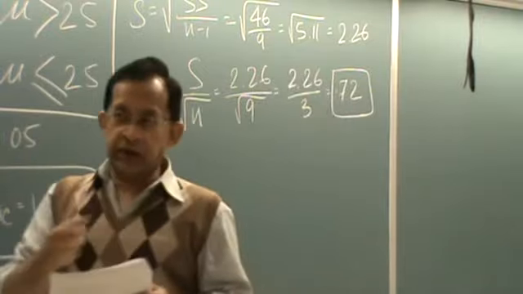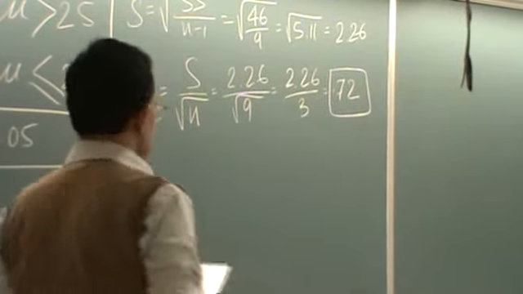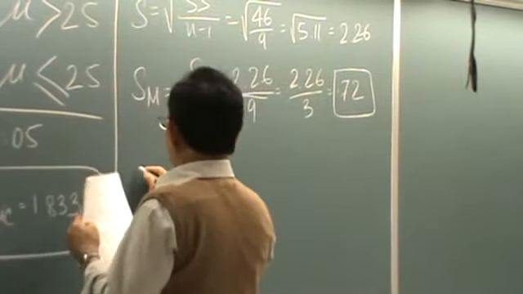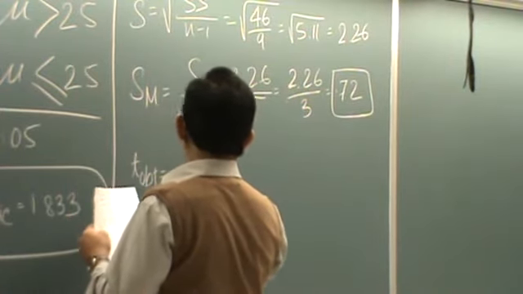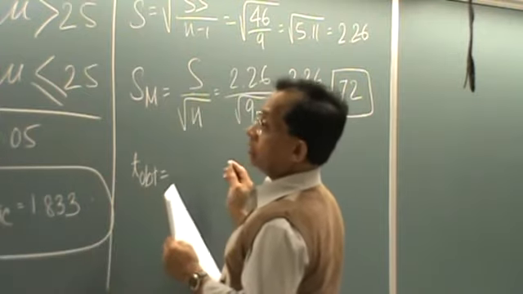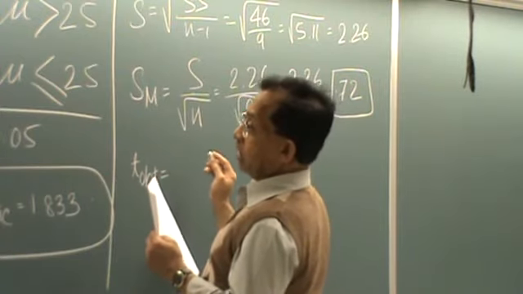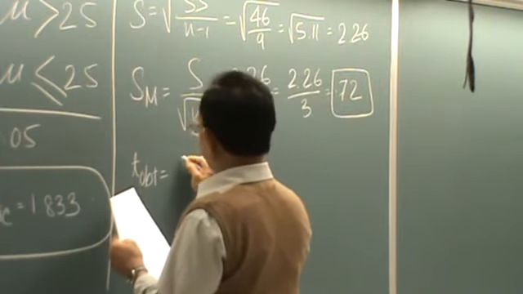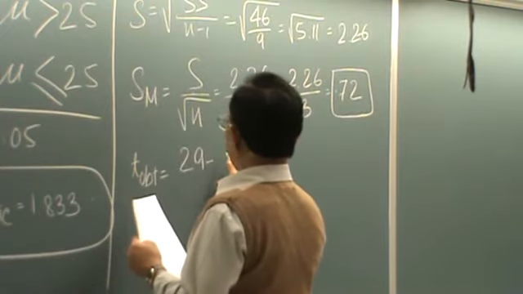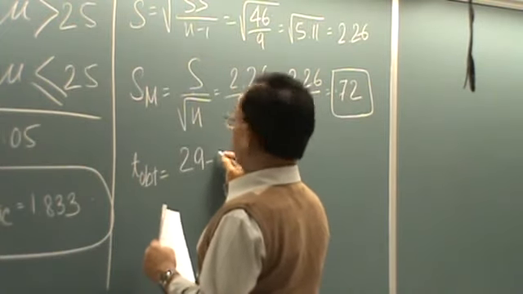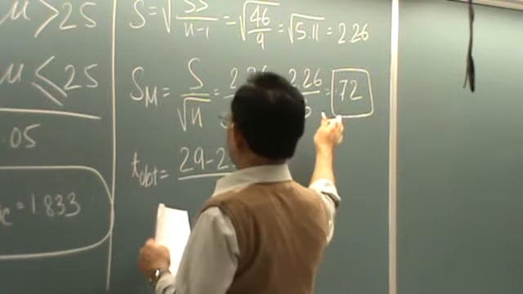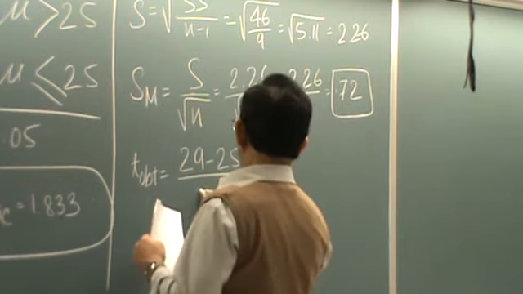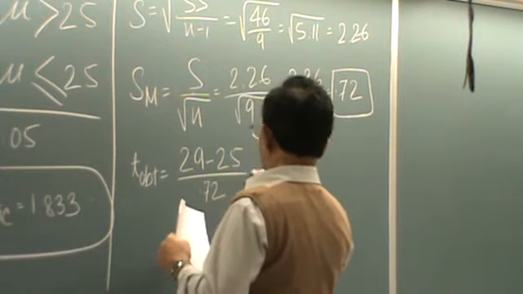Now we have to calculate that T of 10. We'll write T of 10 equals X bar, which was 29, minus mu, which is 25, divided by the standard error of the mean, which is 0.72.